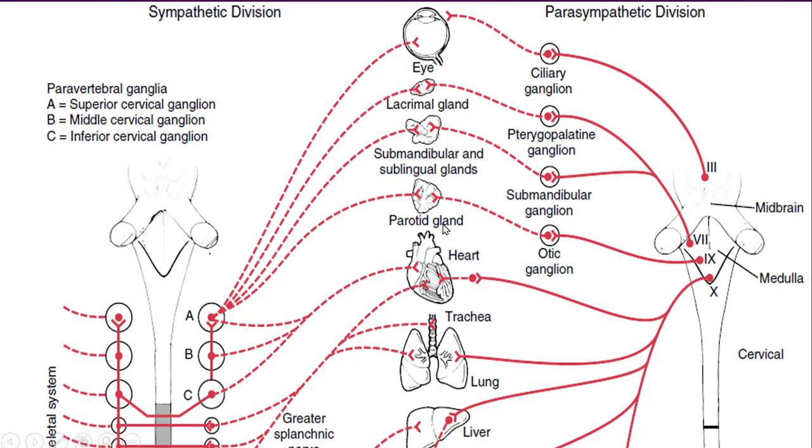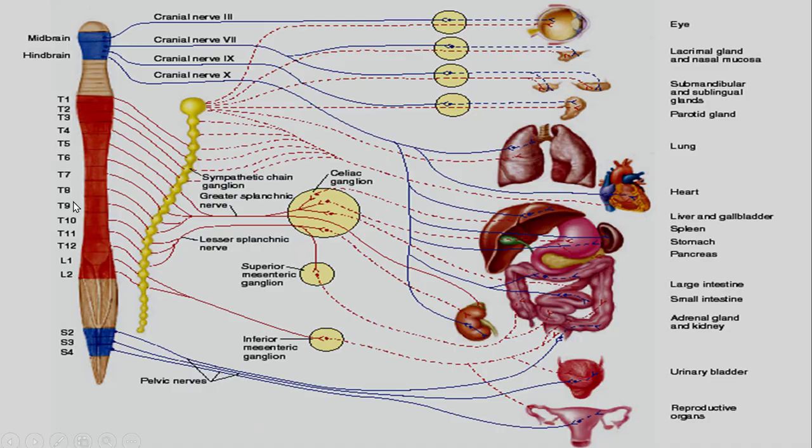Here you can see that from T1, T2 and T3, T4, the preganglionic neurons end in the sympathetic chain, and the postganglionic neurons distribute to the superior, middle and inferior cervical ganglia, and they also make a combined nerve which supplies the lung and heart in the thorax.